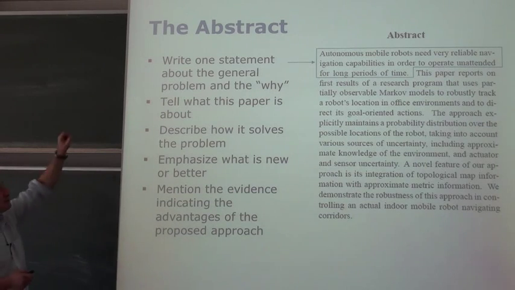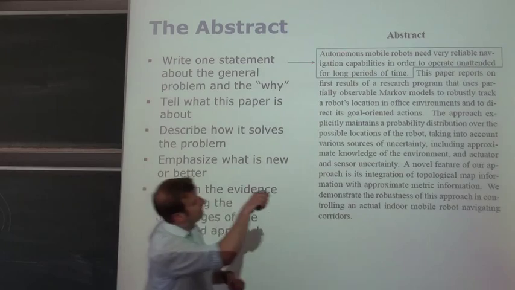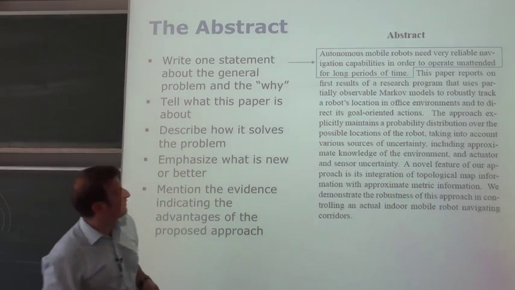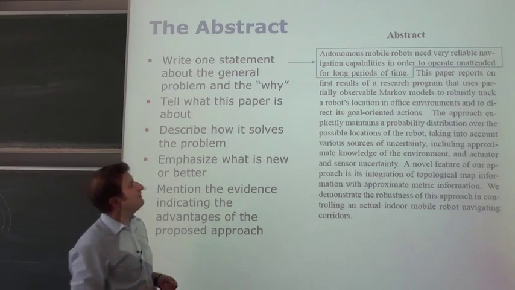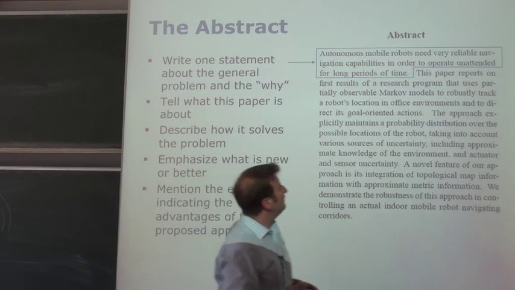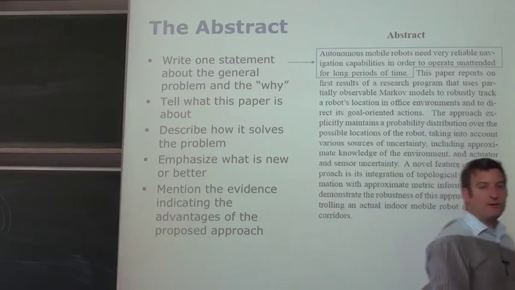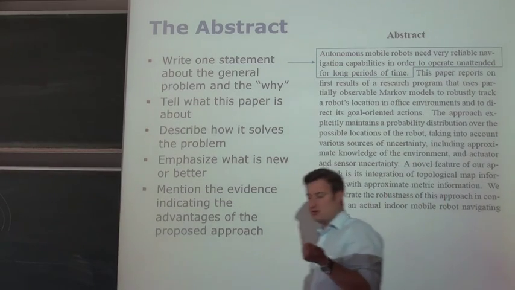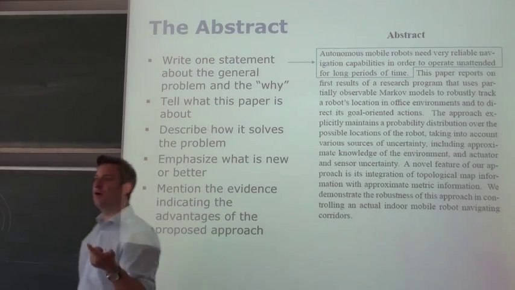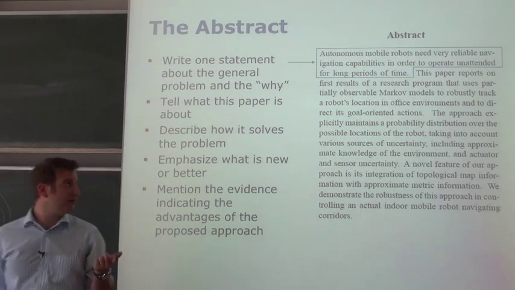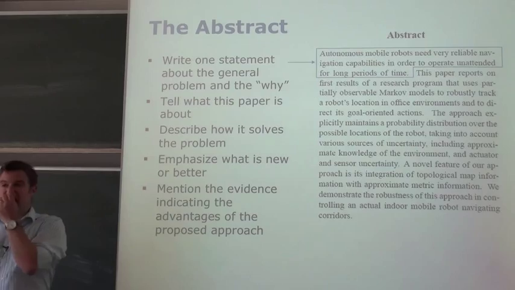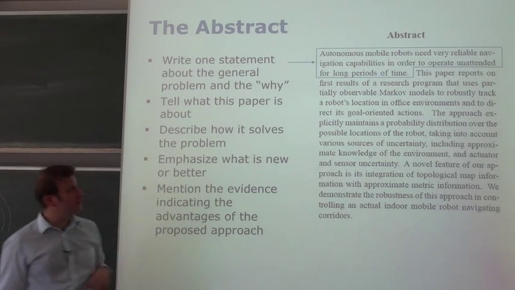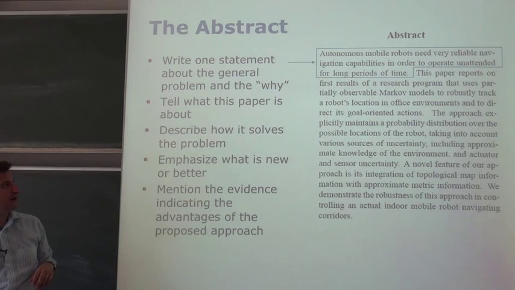The first statement, about the problem in general, is the first sentence of this paper, which says that autonomous mobile robots need very reliable navigation capabilities in order to operate unattended for long periods of time. So the problem here is navigation. The problem is autonomy, unattended over long periods of time, and reliability. These are the important keywords in this abstract that we are going to address.